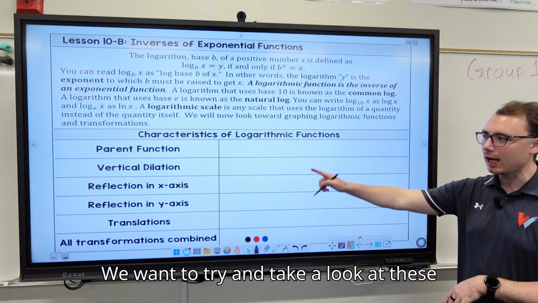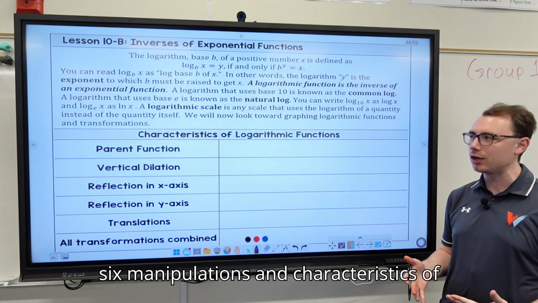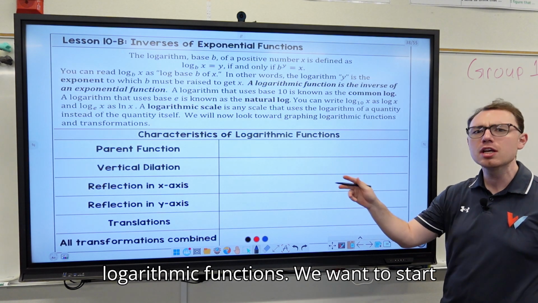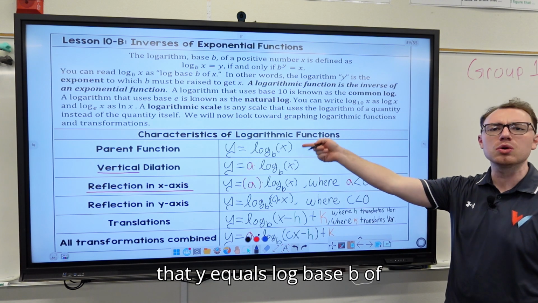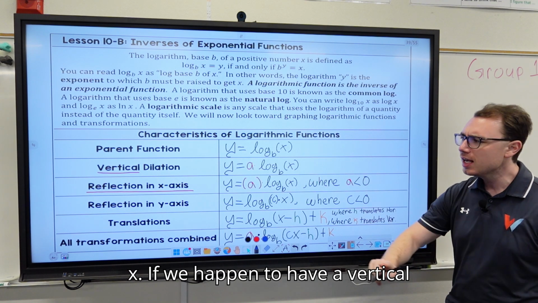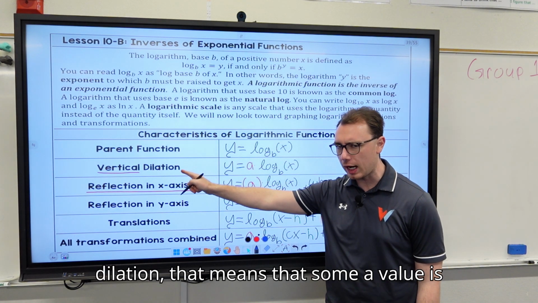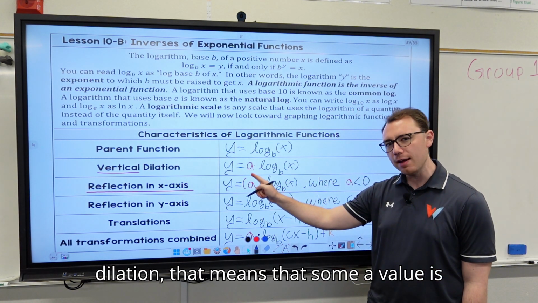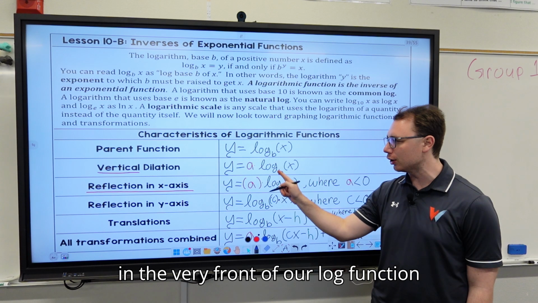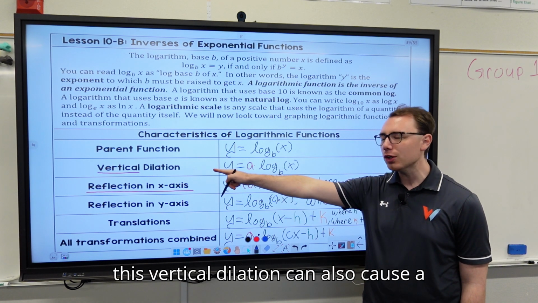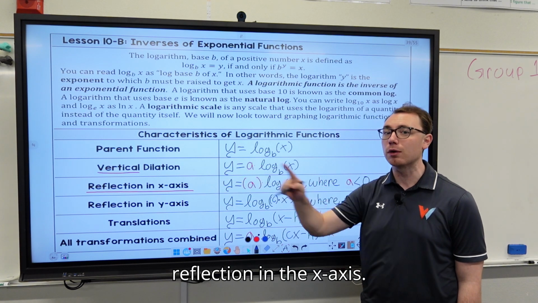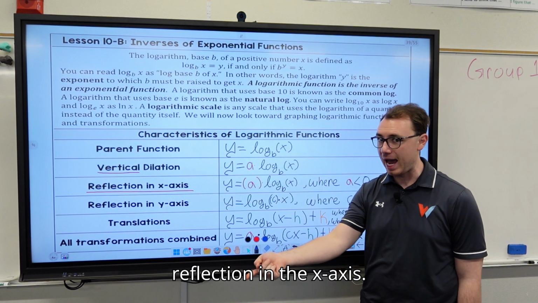We want to take a look at these 6 manipulations and characteristics of logarithmic functions. We start off with the parent function y equals log base b of x. If we have a vertical dilation, that means some a value is in the very front of our log function, multiplying it. This vertical dilation can also cause a reflection in the x-axis.